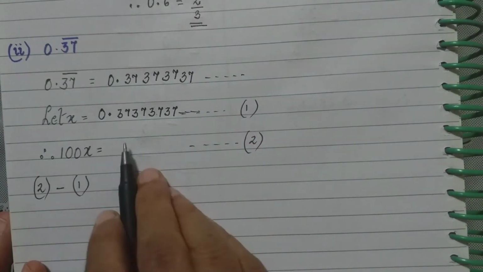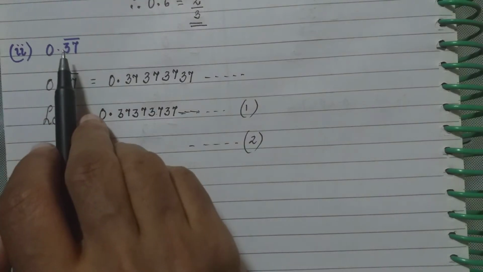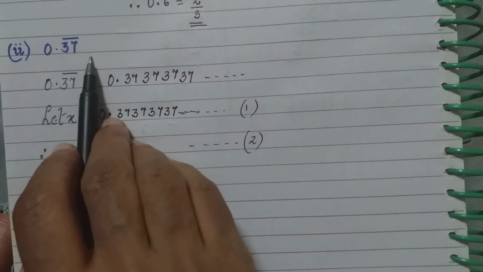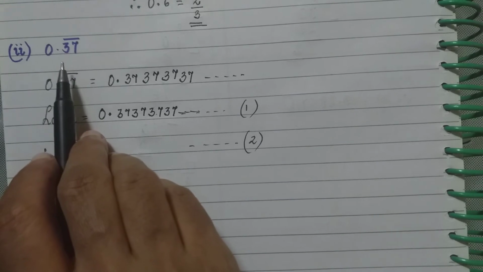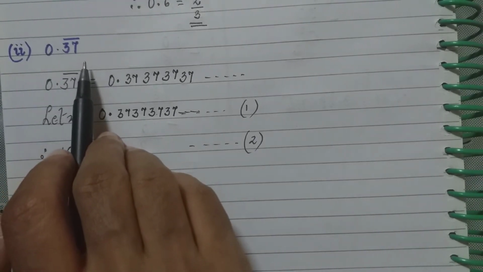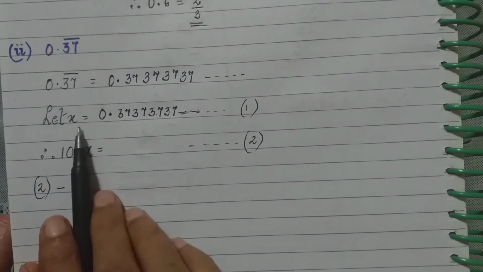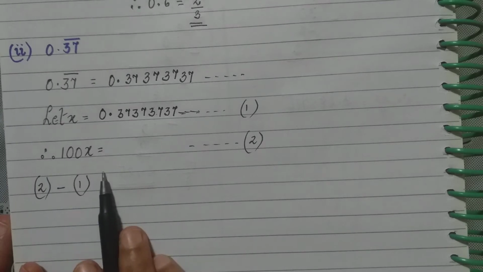Okay, I have taken x. Now here you see I am not multiplying with 10. Why? Because after the decimal point I have 2 places. So instead of multiplying with 10, the number with 2 zeros, that is 100, I have to multiply with 100. We multiply x with 100, so it becomes 100x.